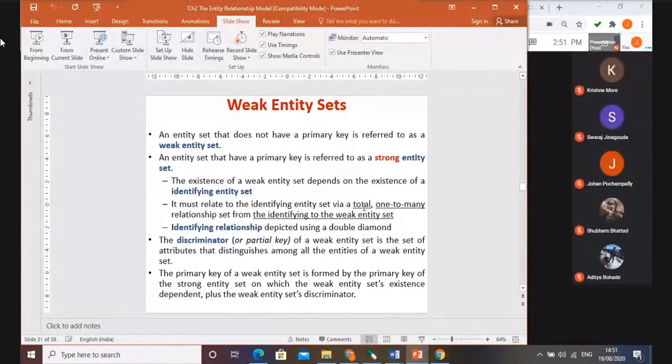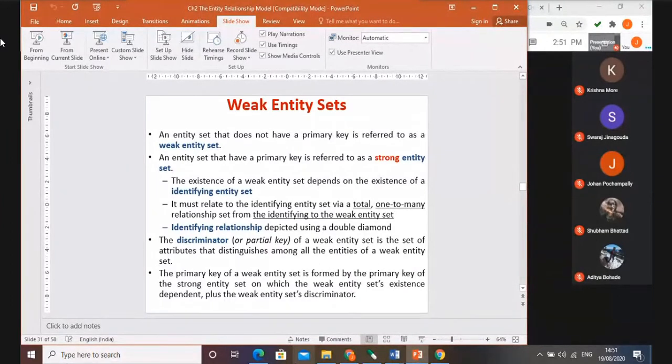What about the strong entity set we have studied? Strong entity sets are the entity sets for which the primary key exists, and with the help of that primary key, they can identify each and every entity of your entity set. That is known as a strong entity set.